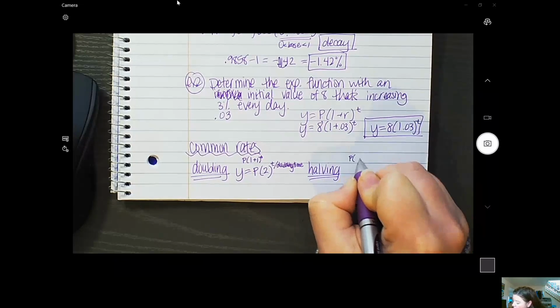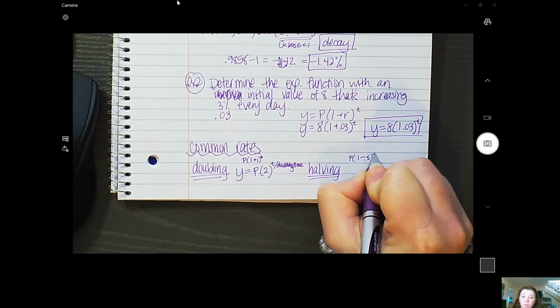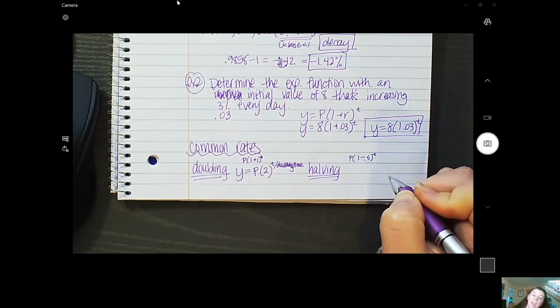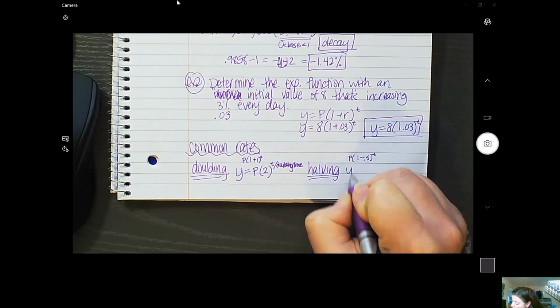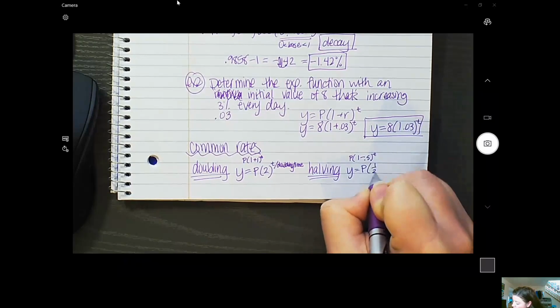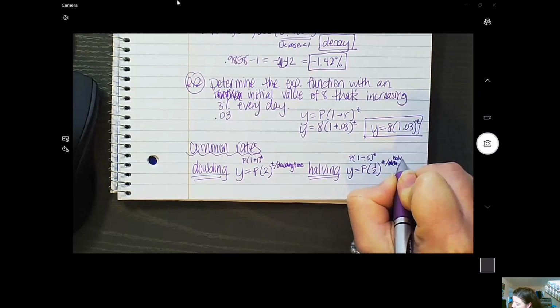So the equation inside would look like 1 minus 0.5. Right? If you're going to take away half, then you're going to take away 50%. So that means it'll end up looking like y equals p times 1/2 to the t power. But again, I want you to divide that t by, oops, this time it's halving time.